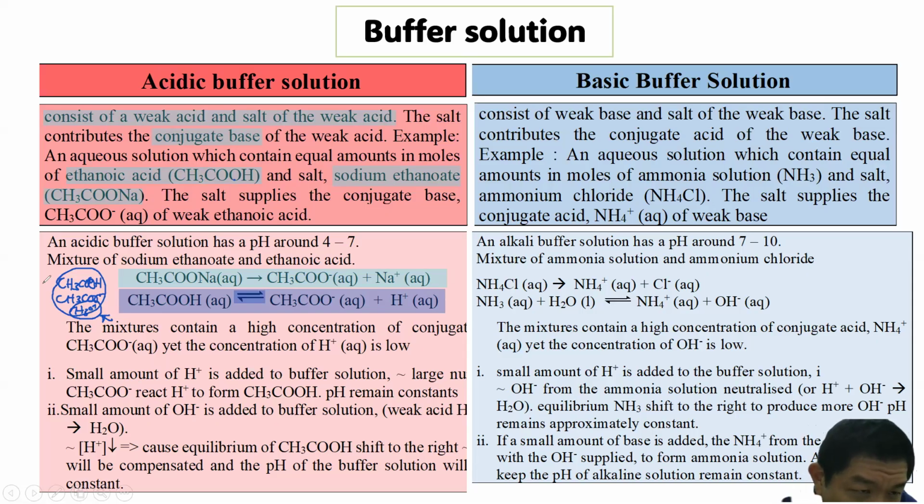So how do we do that? If you still remember the definition of a buffer solution, a small amount of acid or base is added to the buffer, so the pH does not change much. So how do the principles of the buffer solution work here?